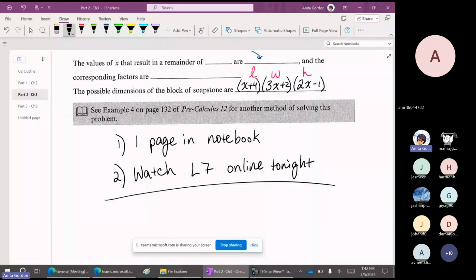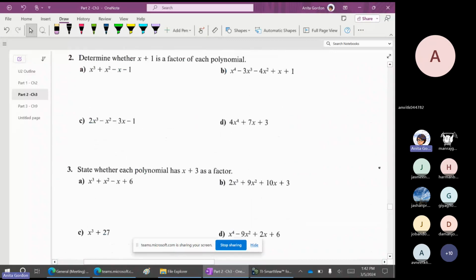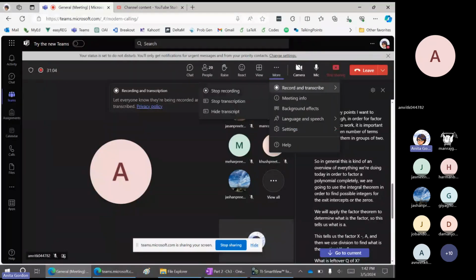Tomorrow, we're going to do a work block to prepare for our quiz on Thursday. So in class, you have a few questions, just one page. Your homework tonight when you go home is to do the next lesson, and we're going to do a dedicated work block tomorrow.